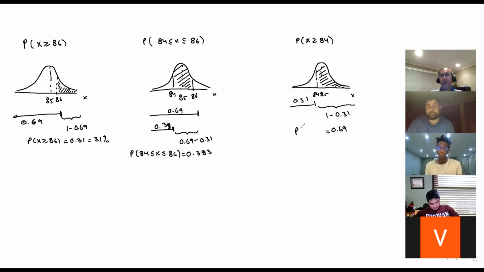And so this should be the probability of X larger than or equal to 84. Make sense? Okay, so now let's continue.